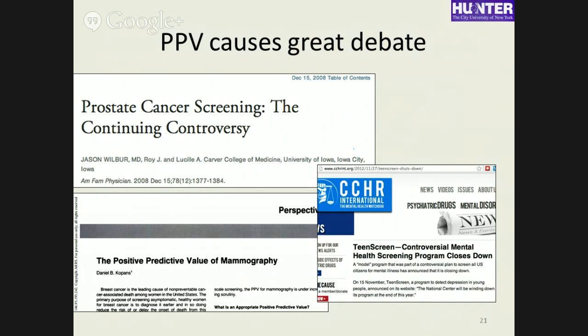This feature, that PPV depends on the population it's being applied to, has caused great debate and confusion in the literature. If you can understand PPV and the fact that it depends on prevalence in the population, you will be far ahead in interpreting the results of screening tests compared to most people, including a lot of researchers.